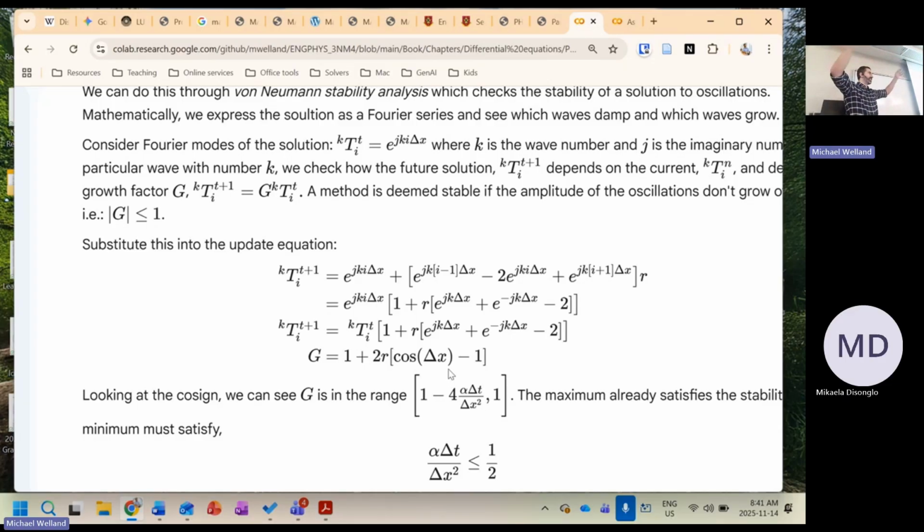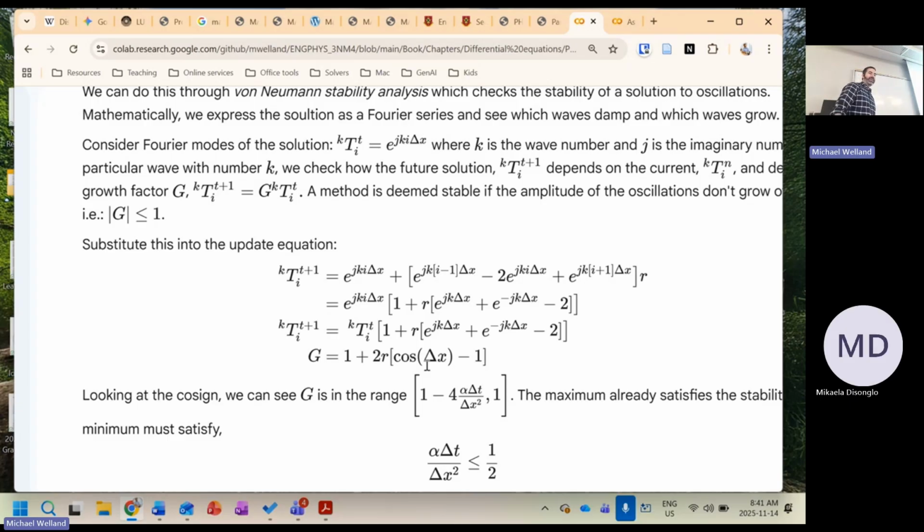You can vary delta x however you want, but cos is always between 1 and -1. So if cos is 1, this is going to be 0 and G is going to be 1. That's fine. It means you're not damping it, but at least you're not growing it, so it's still deemed stable. Not great, but it's not going to shake itself apart.